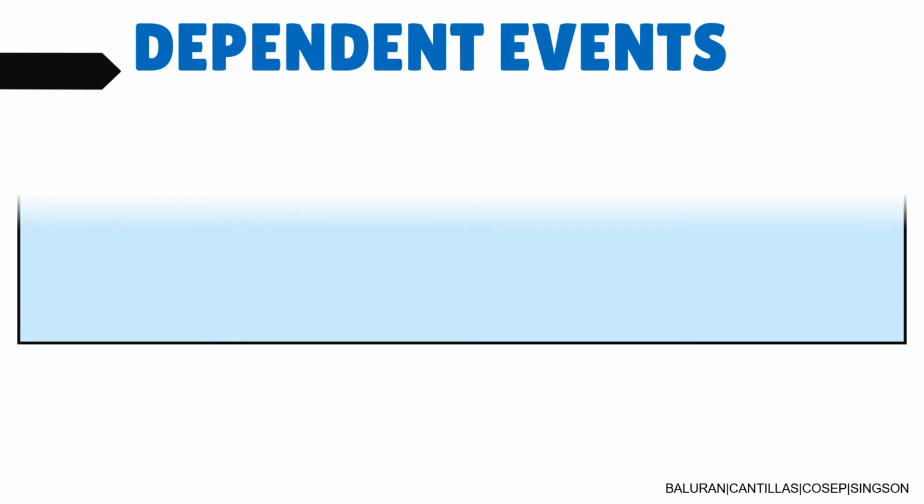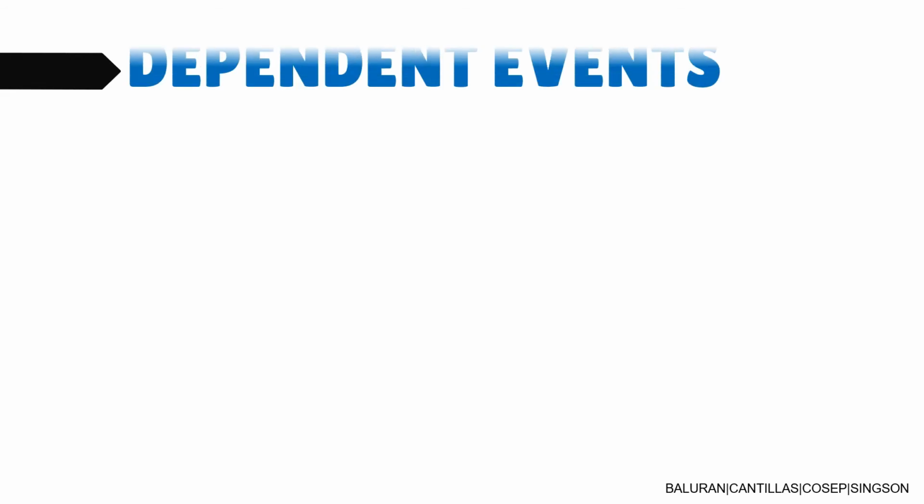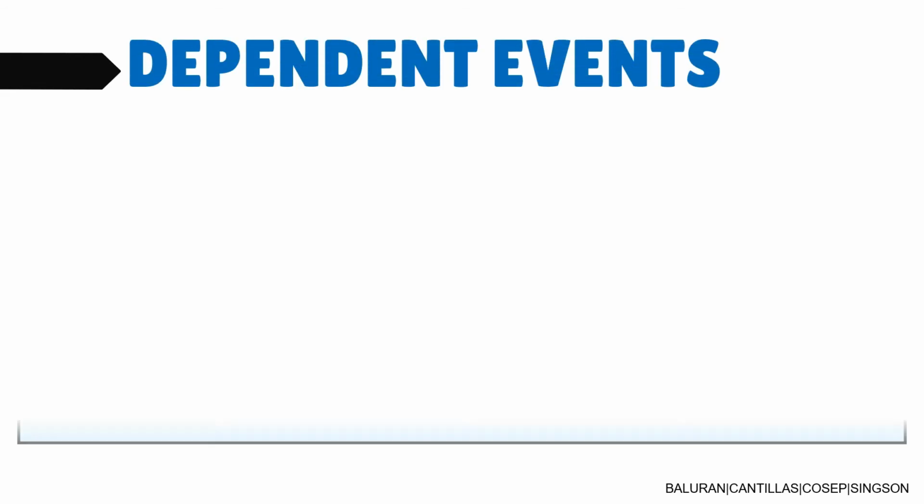Dependent events. Two events A and B are dependent if the outcome of the first event A affects the outcome of the second event B. And how do we find the probability of dependent events?